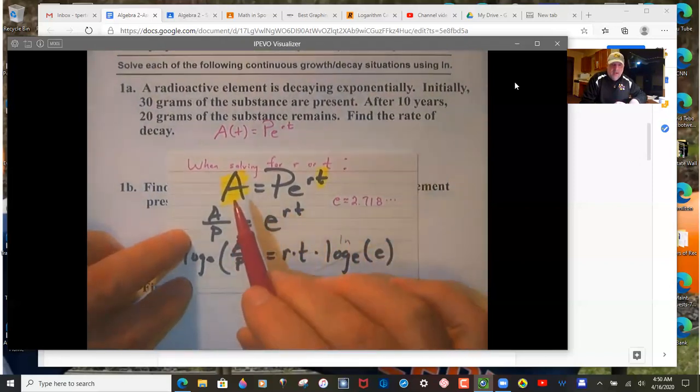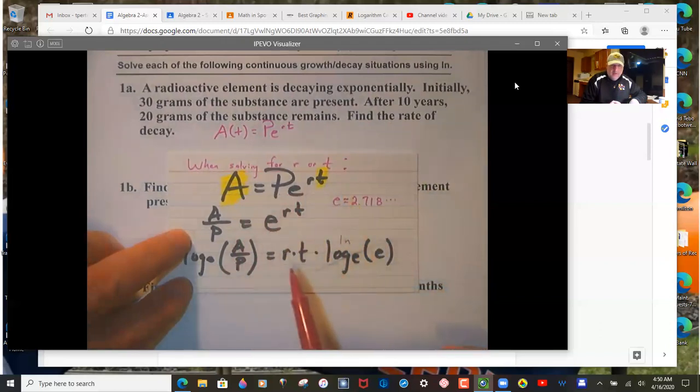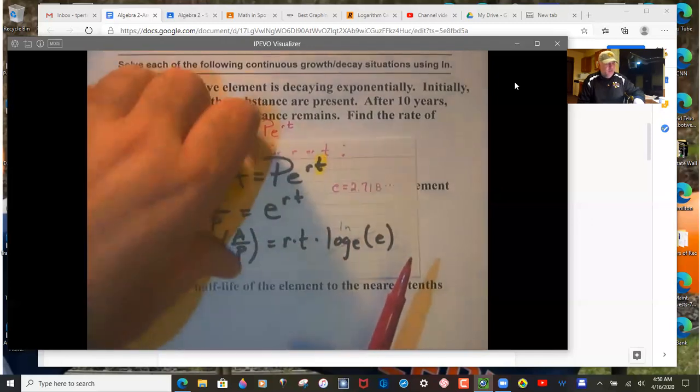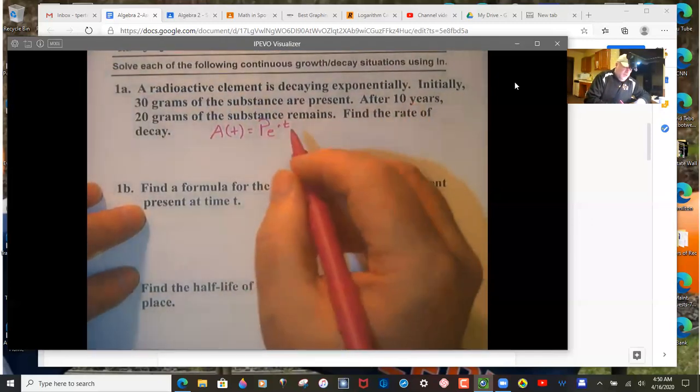If we're solving for a, it's just going to be a straight calculation. So there's 1 of 3 things you're doing. Solving for r or t, which is this work, and then you just divide by whatever one you need to isolate the r or the t. Or you're solving for a, which is just a straight computation. It's those possibilities.